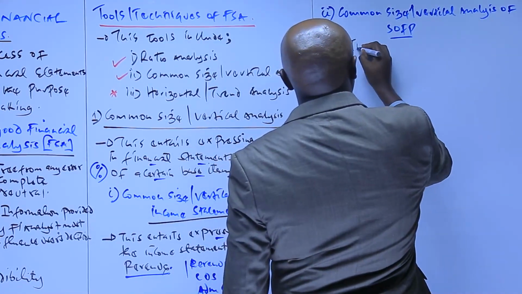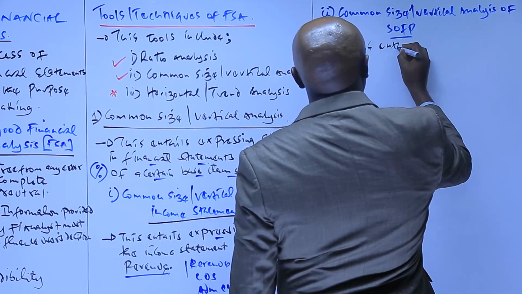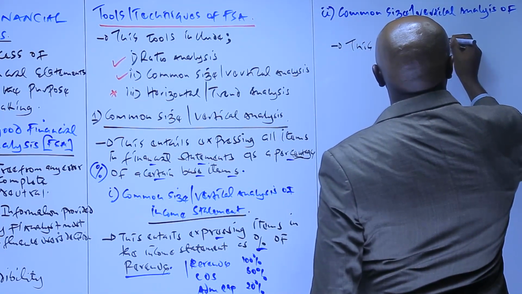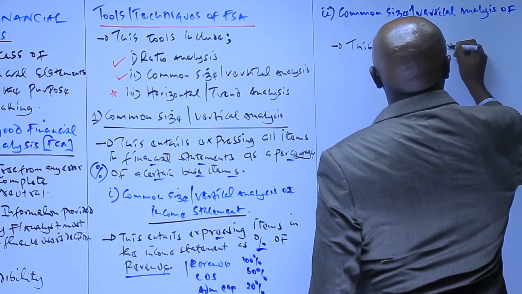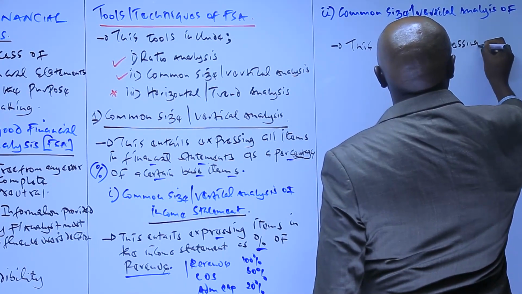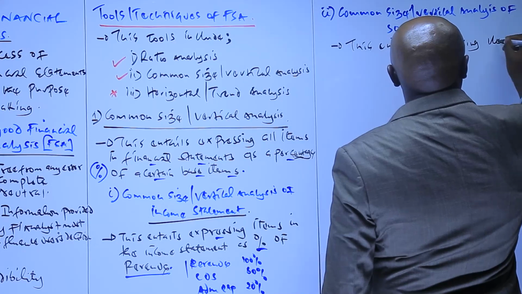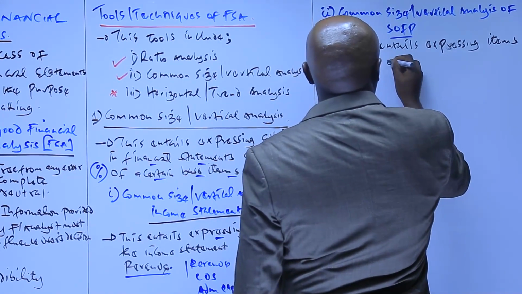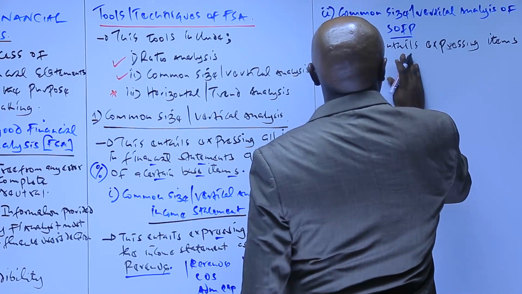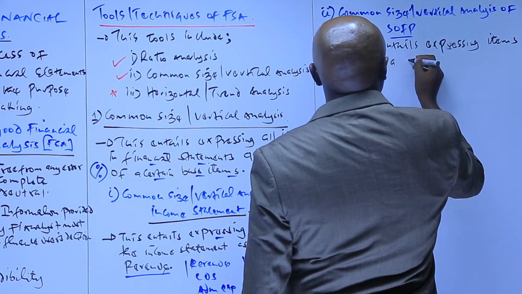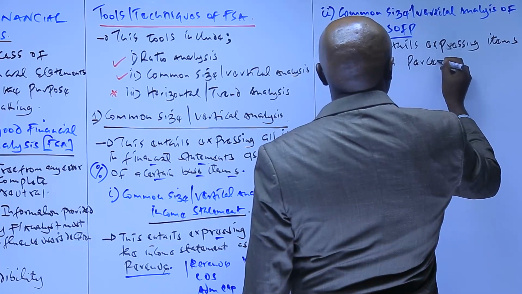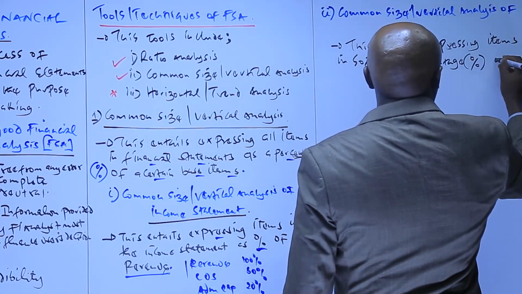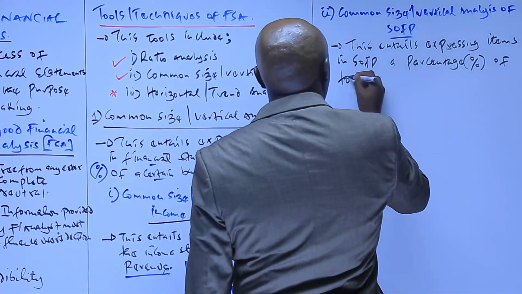So we can say that this entails expressing items in the statement of financial position as a percentage of total assets.